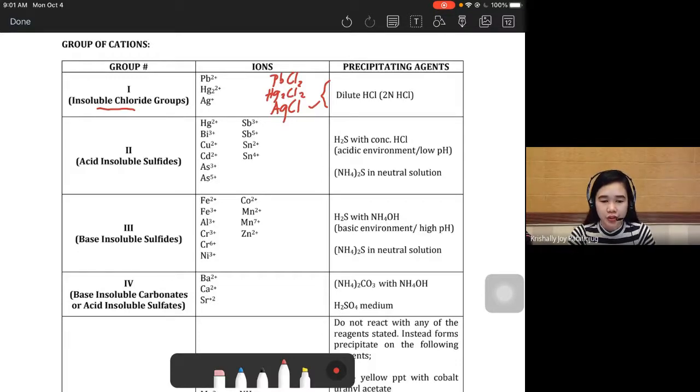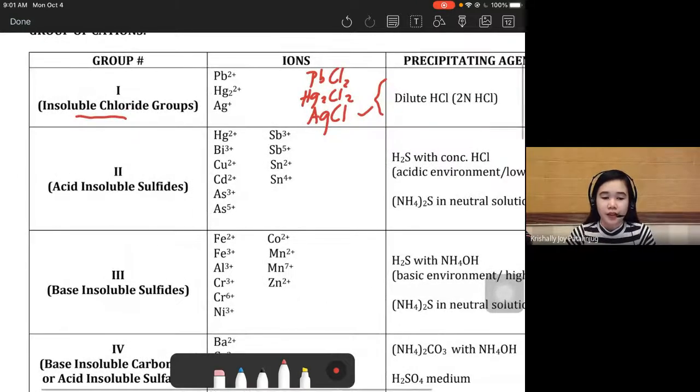That's why Hg2Cl2, because mercury 1 is Hg2 2 plus. So you simply crisscross the value 2 from the charge of mercury 1.